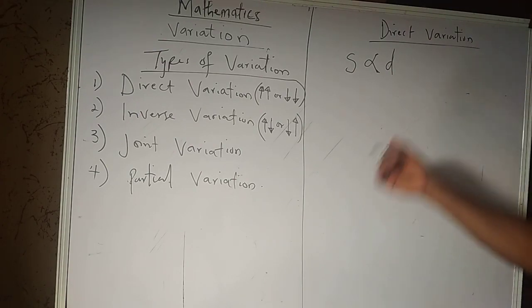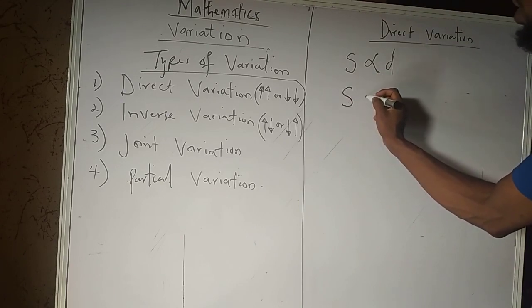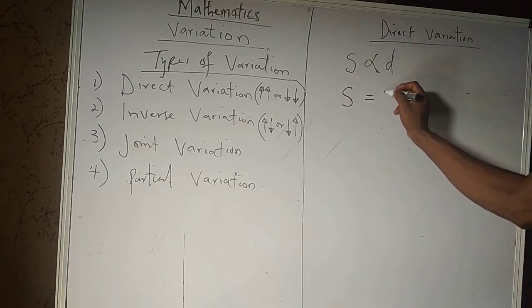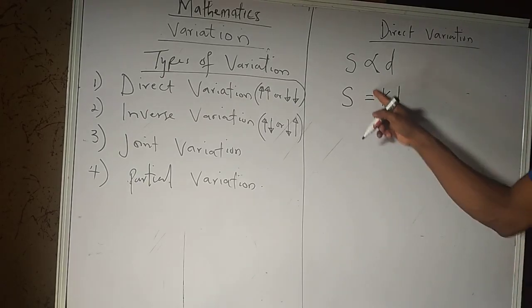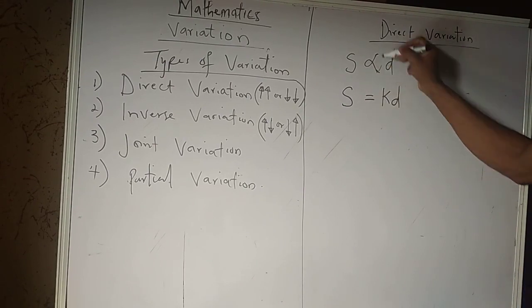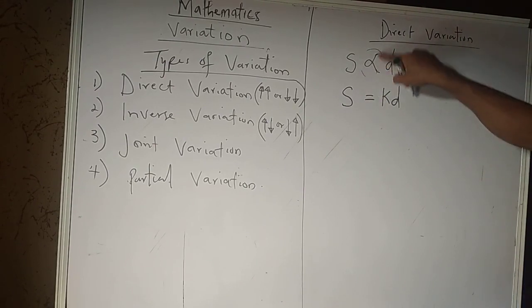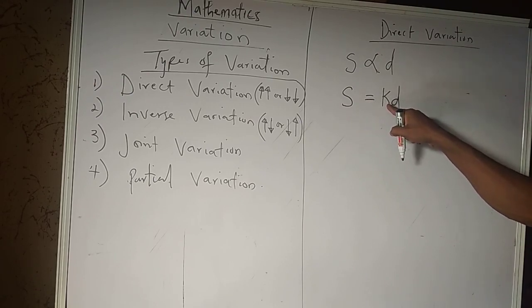So to bring in that constant, we write this whole expression as S equals K D. So here we have removed the proportionality sign. This sign is called the proportionality sign. We have removed it and replaced it with an equal sign and the constant.